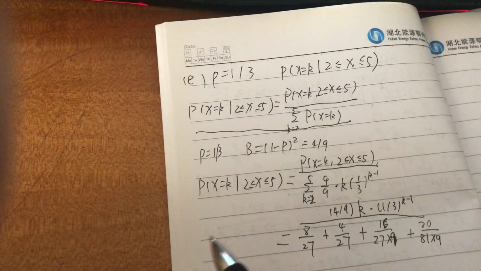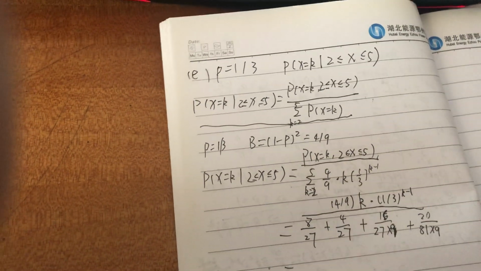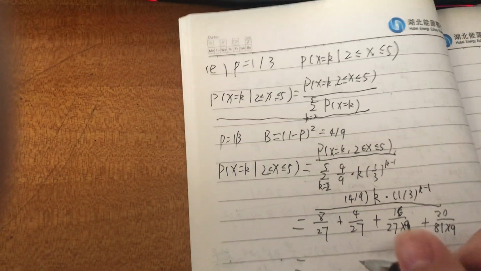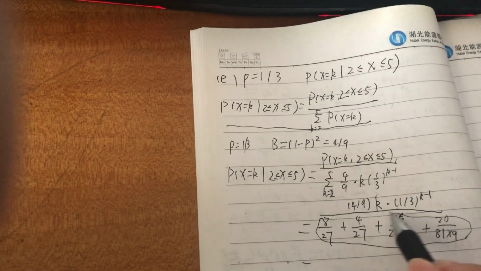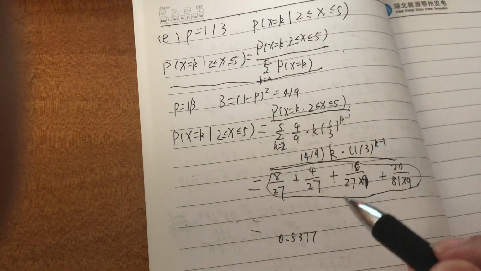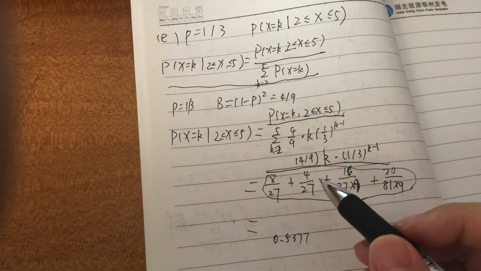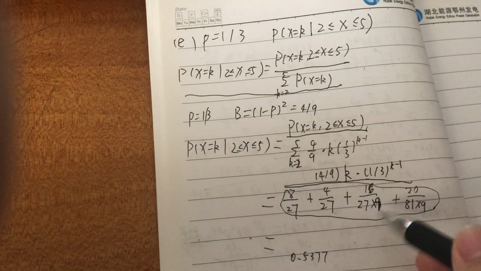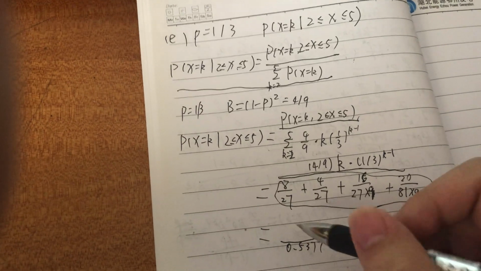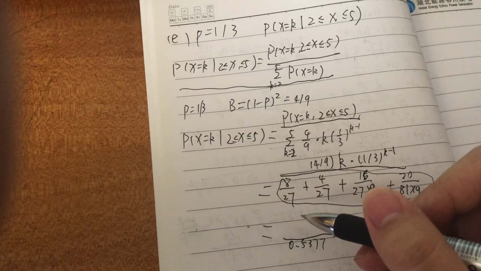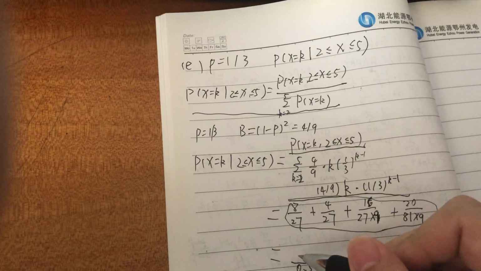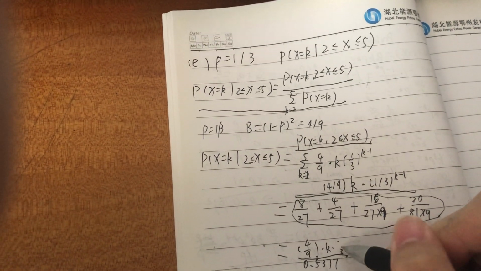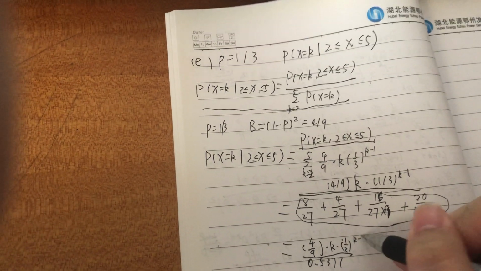That's a function for the probability. Like we calculate that, here we just calculate the sum of the four numbers, and we get the final result: 4/9 times k times (1/3) to the power k minus 1.